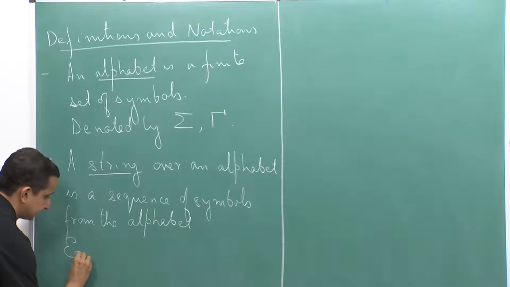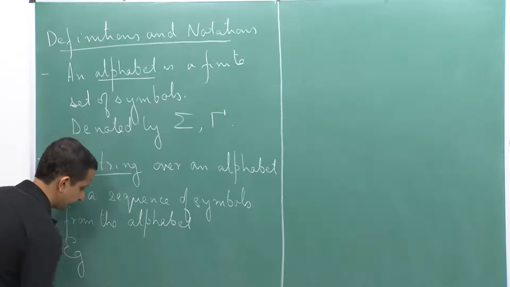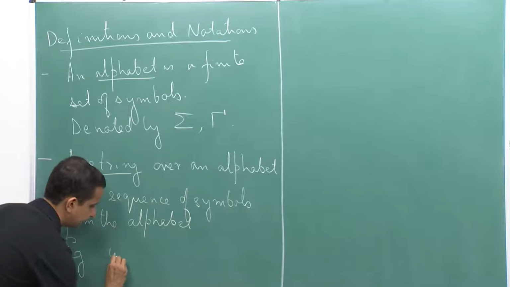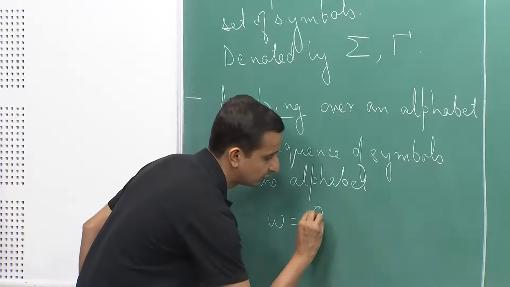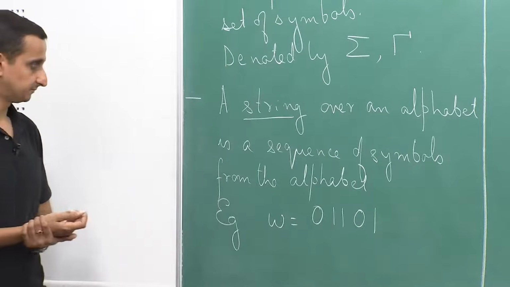Okay. For example, if you look at the binary alphabet consisting of the symbols 0 and 1, we have a string, let's say W, which is equal to 0, 1, 1, 0, 1. Okay. This is an example.